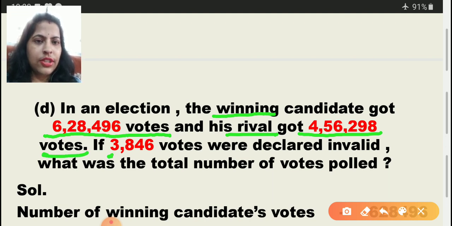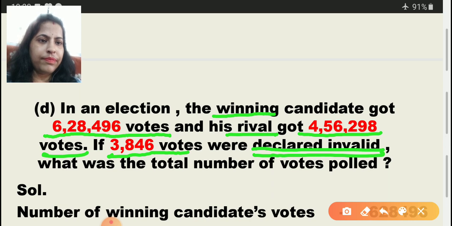If 3,846 votes were declared invalid, invalid votes happen due to wrong processes of voting. It might be a technical problem or any type of problem.